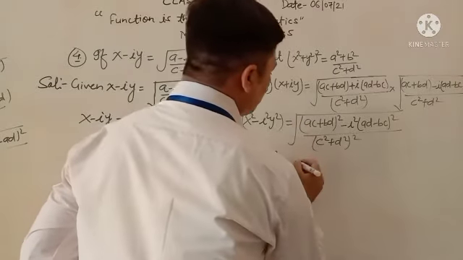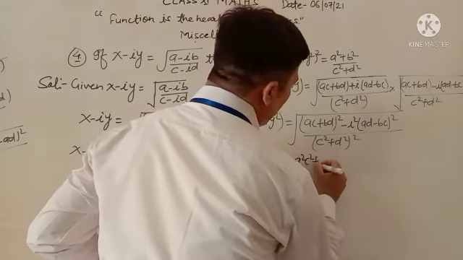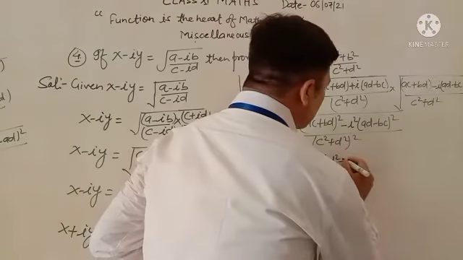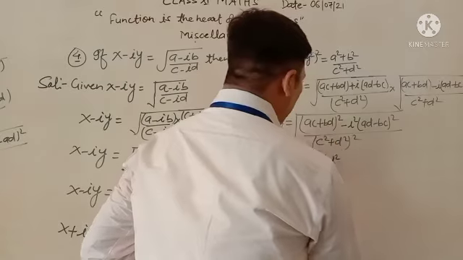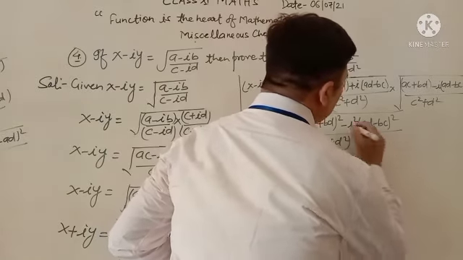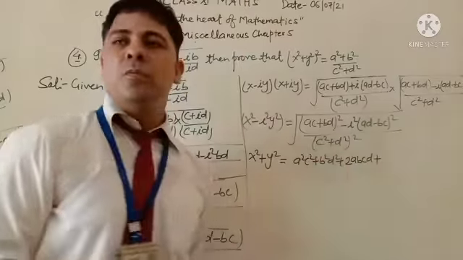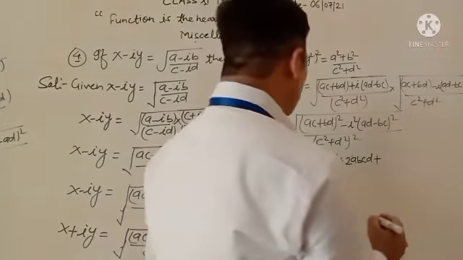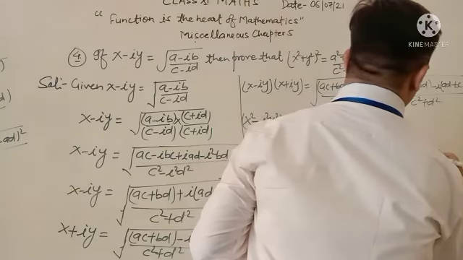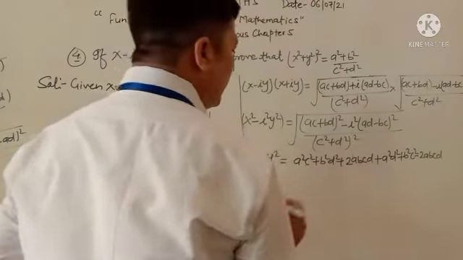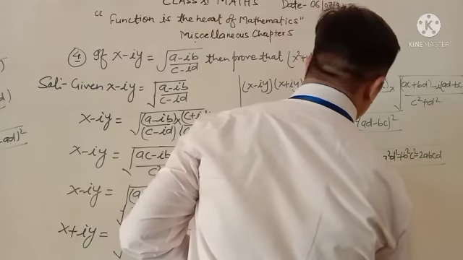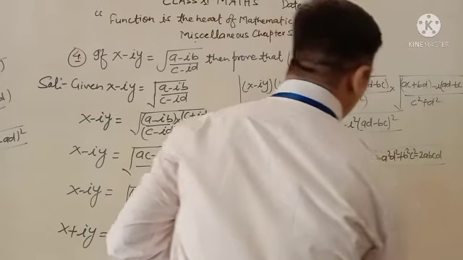And this one is equal to (ac plus bd) whole square plus (ad minus bc) whole square, which is a square c square plus b square d square plus 2abcd, plus a square d square plus b square c square minus 2abcd, whole divided by (c square plus d square) whole square.